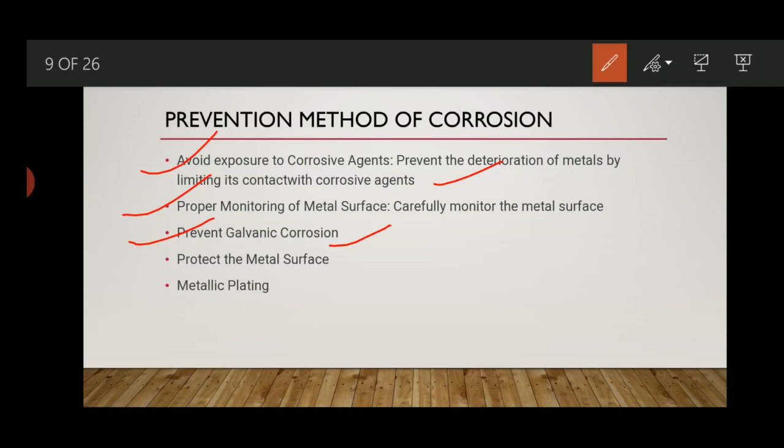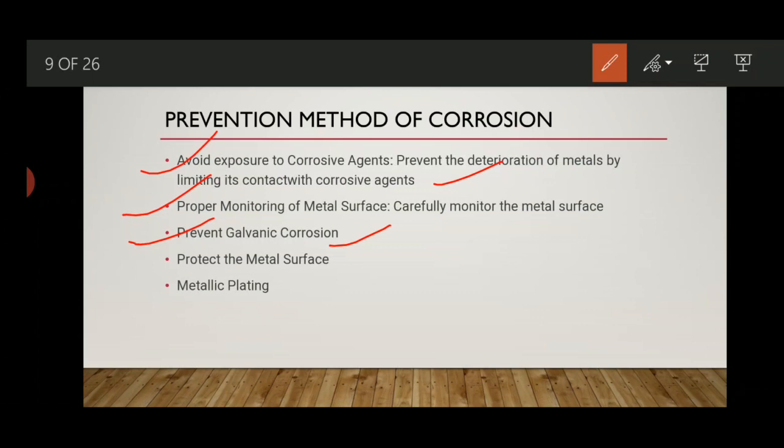We have to perform the galvanization process. In the galvanization process, we apply a zinc oxide coating on the surface of metals to avoid corrosion. See, in the galvanization process, we use a galvanic cell.